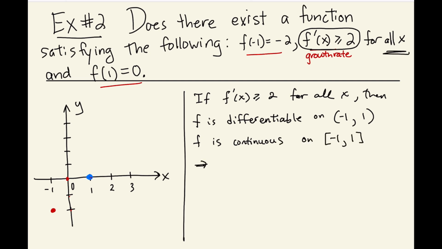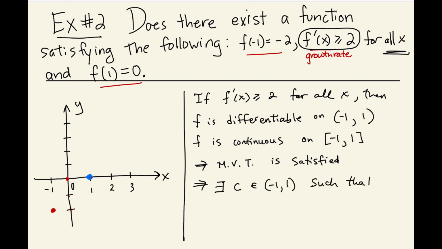So right here the mean value theorem hypotheses are satisfied. What this implies is that there must exist some value c in the interval -1, 1 such that f prime of c is equal to f of 1 minus f of -1 over 1 minus -1. Let's suppose there was such a function.